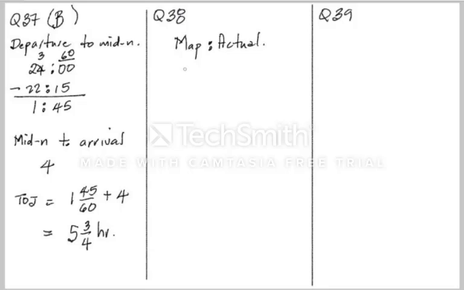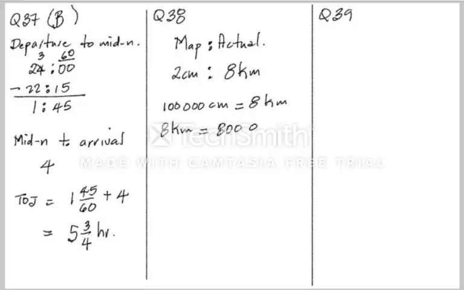So on the map, this is 2 centimeters, and the actual distance is 8 kilometers. 100,000 centimeters equals 1 kilometer, so 8 kilometers would be equal to 800,000 centimeters.